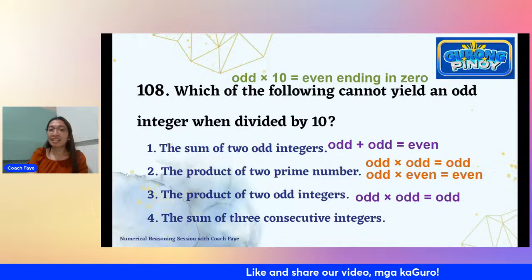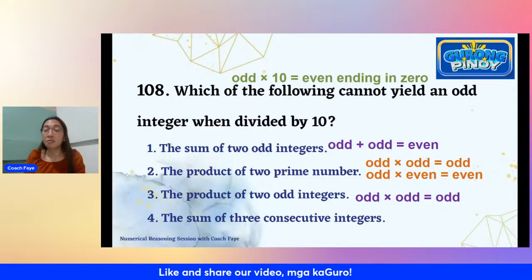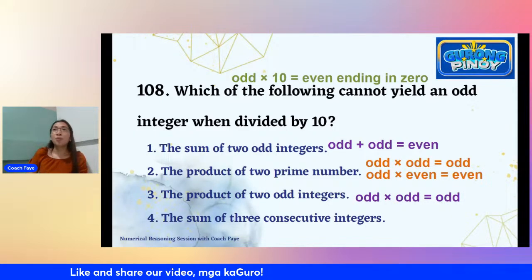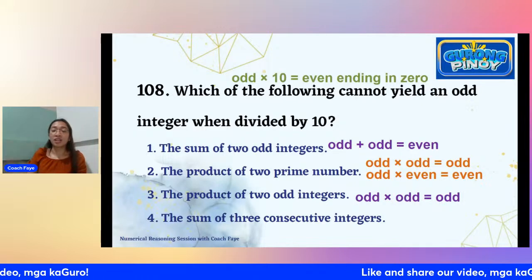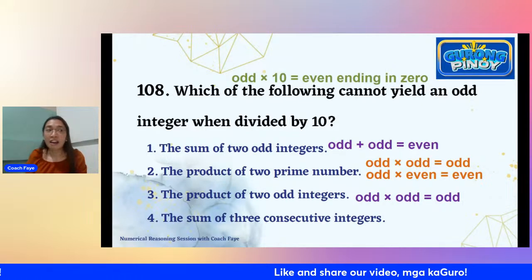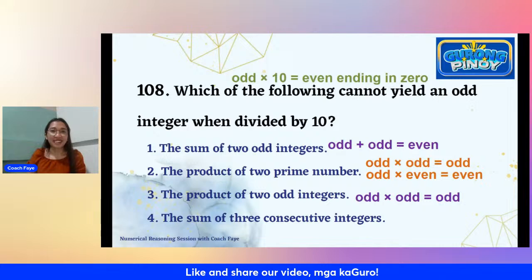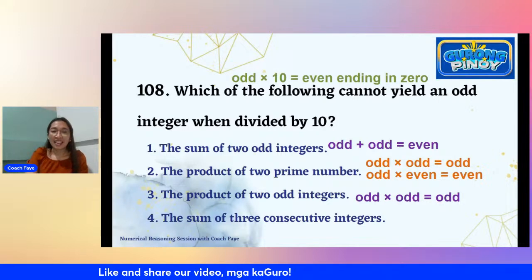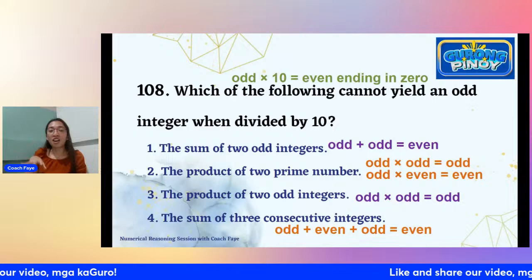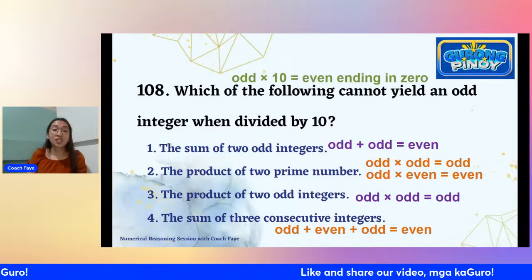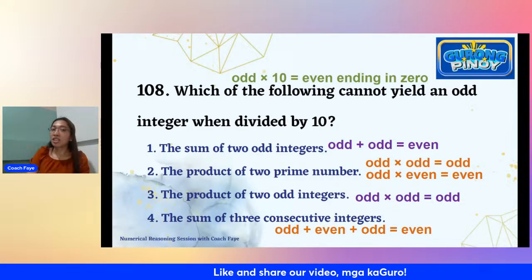But let's just check na lang yung last option natin, the sum of three consecutive integers. Ano ba yung three consecutive integers? Yun yung integers na magkakasunod. Like for example, you have 9, 10, 11. Di ba magkakasunod yun? That is odd, even, odd. So pag inadd mo yung odd plus odd, that results to an even number, which possible.